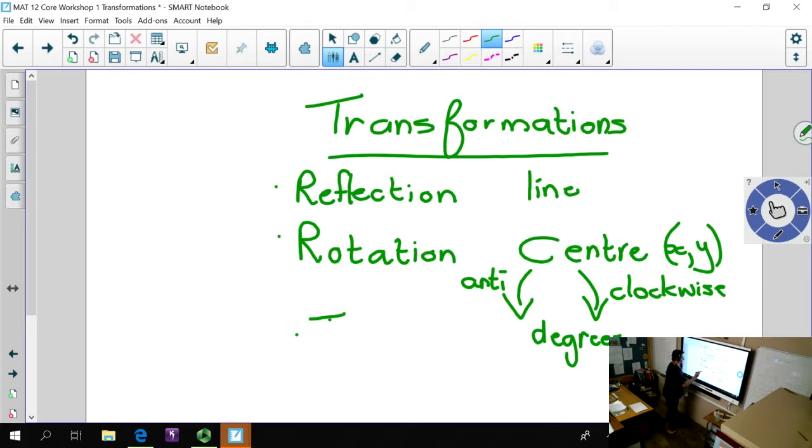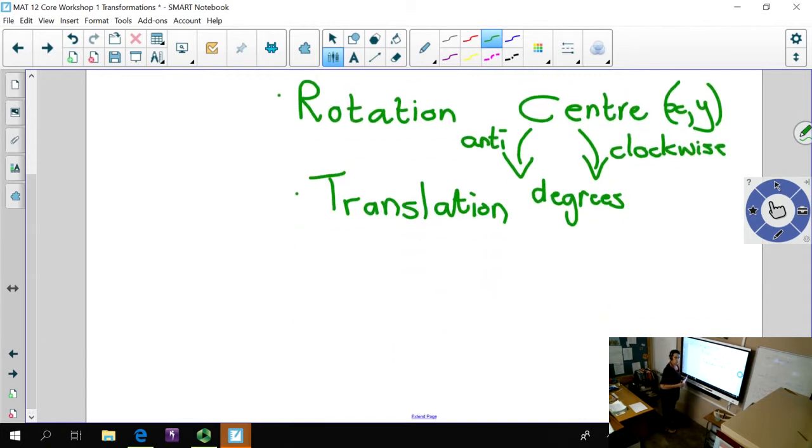The next one is a translation. A translation is like when you play chess, you slide it in a certain direction. We do a translation with a column vector.